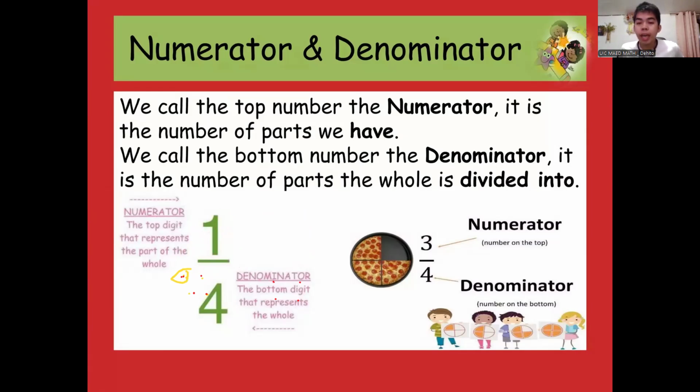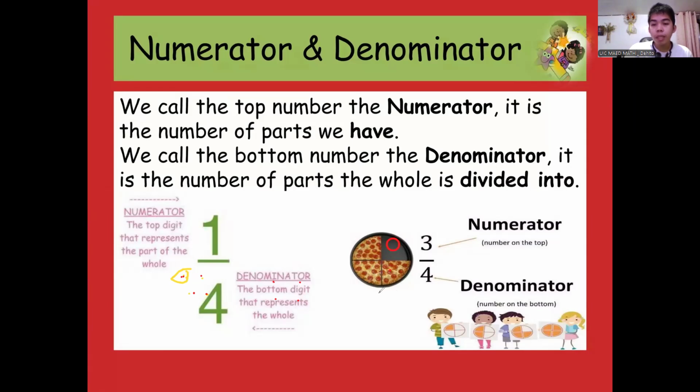Okay? So for example, in this example we have slices of pizza. Since it's supposed to be a circle, there should be a piece here too, but it was already taken. How many pieces are left? 1, 2, 3.